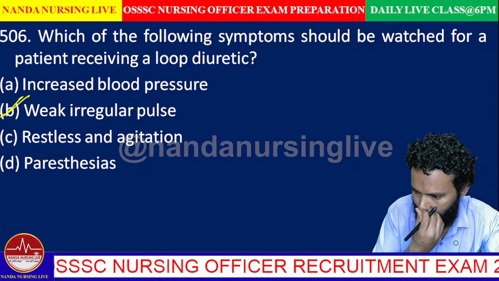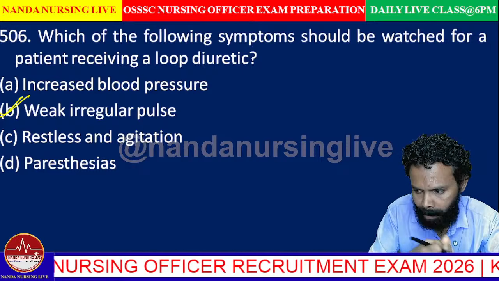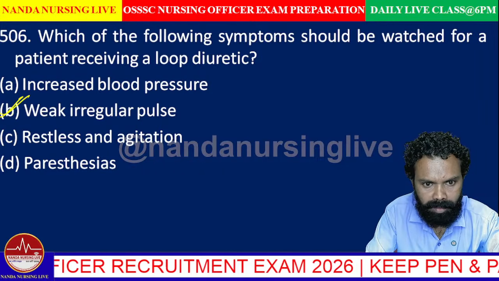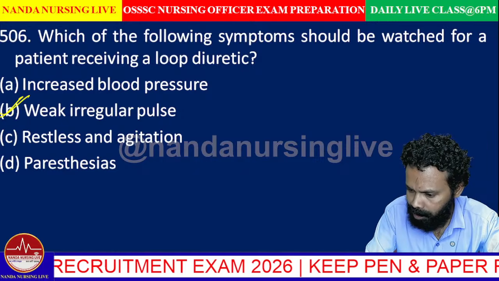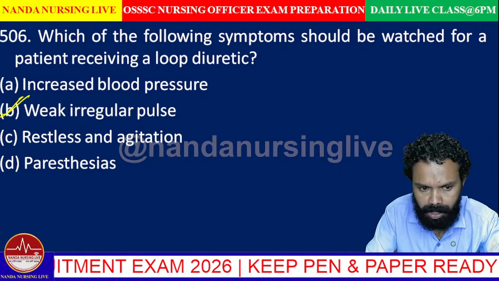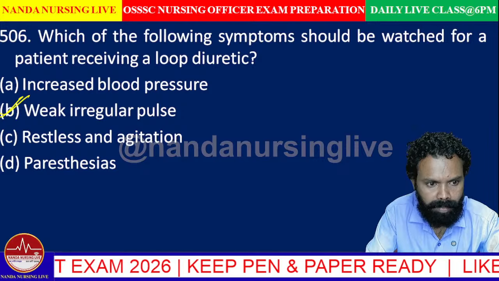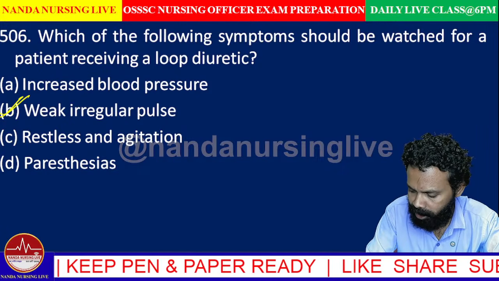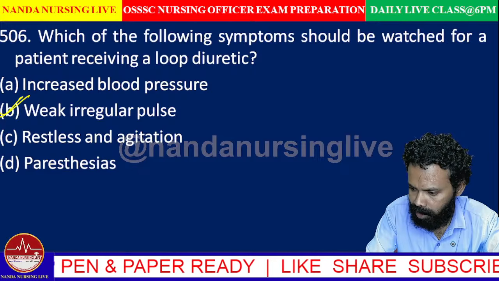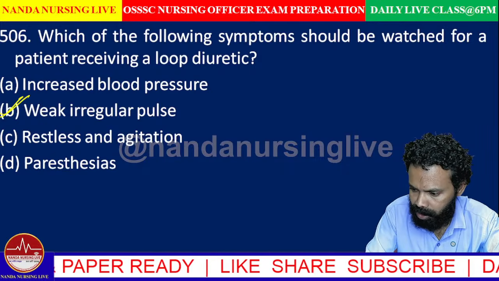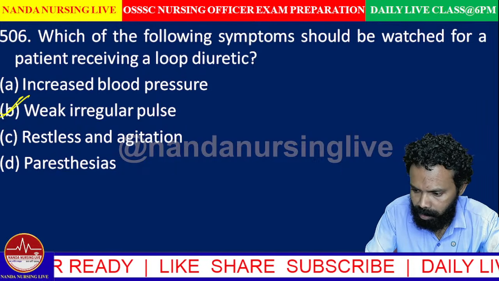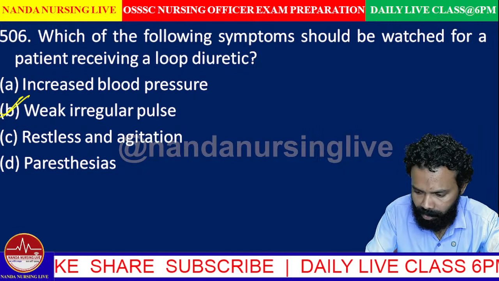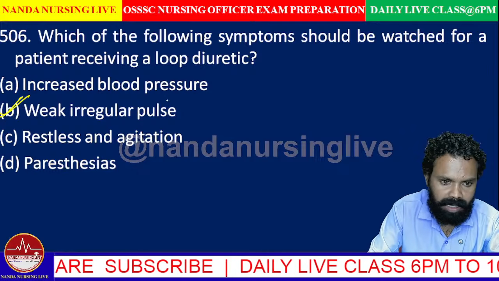Patients receiving loop diuretics develop hypokalemia, and it causes weak and irregular pulse, muscle weakness and fatigue. If hypokalemia occurs, then weak irregular pulse, muscle weakness and fatigue will occur. So option B is the correct answer.